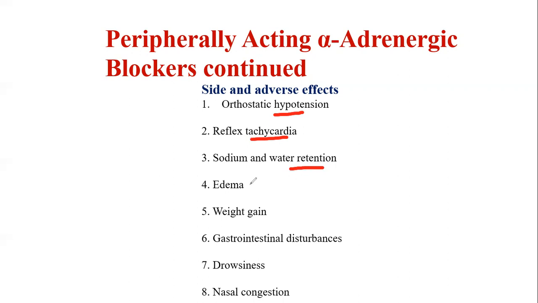When water retention and edema develop, automatically the body gains weight. Gastrointestinal upset is common, like nausea, vomiting, and diarrhea. The patient has drowsiness or dizziness and dry mouth, and also nasal congestion.